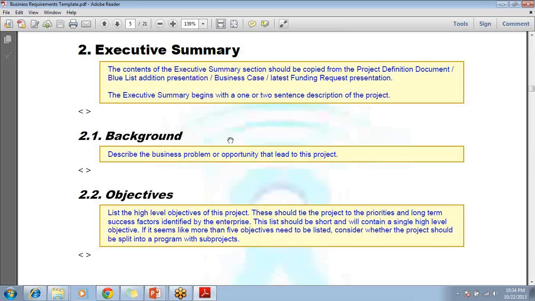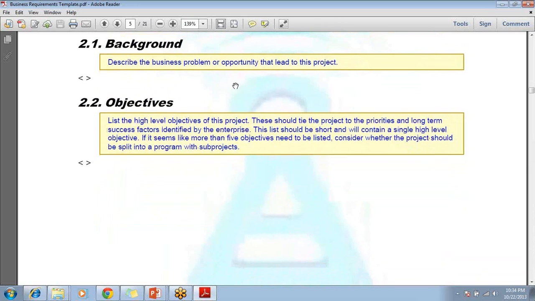Background is the business problem or opportunity that leads to this project. Let's say you are outsourcing some project. Why? Because the problem is your cost, and you are trying to reduce it. The opportunity is the saving you can showcase if we outsource the project. That becomes your background.